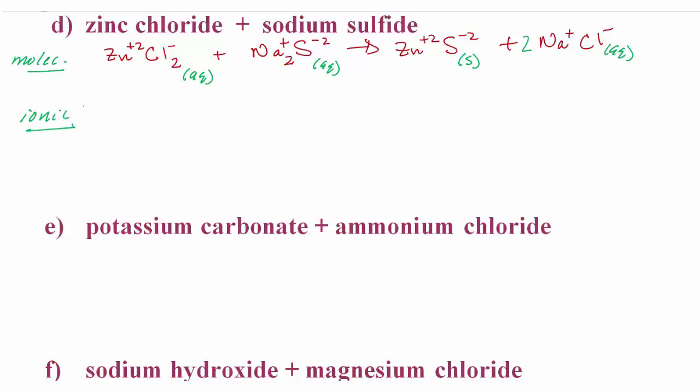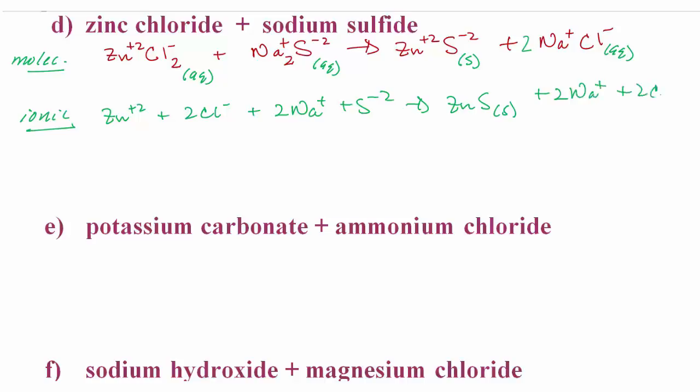Ionic, break up everything that is AQ. So that's zinc ion and 2 chloride anions, 2 sodium ions, sulfide anion, zinc sulfide solid, and 2 sodium ions, 2 chloride anions.